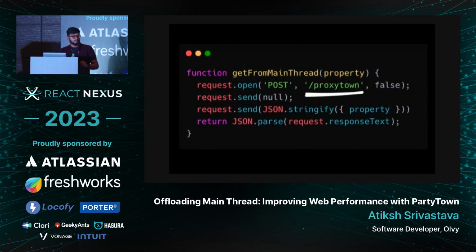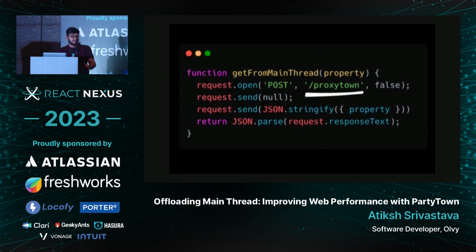PartyTown uses synchronous XHR requests. Those requests were actually removed from the main thread because they block it, and blocking the main thread is really problematic. It can lead to unresponsive websites and various performance issues. But those synchronous XHR requests are available in the worker thread, as blocking the worker thread doesn't really affect the main thread, and the website is still responsive enough.